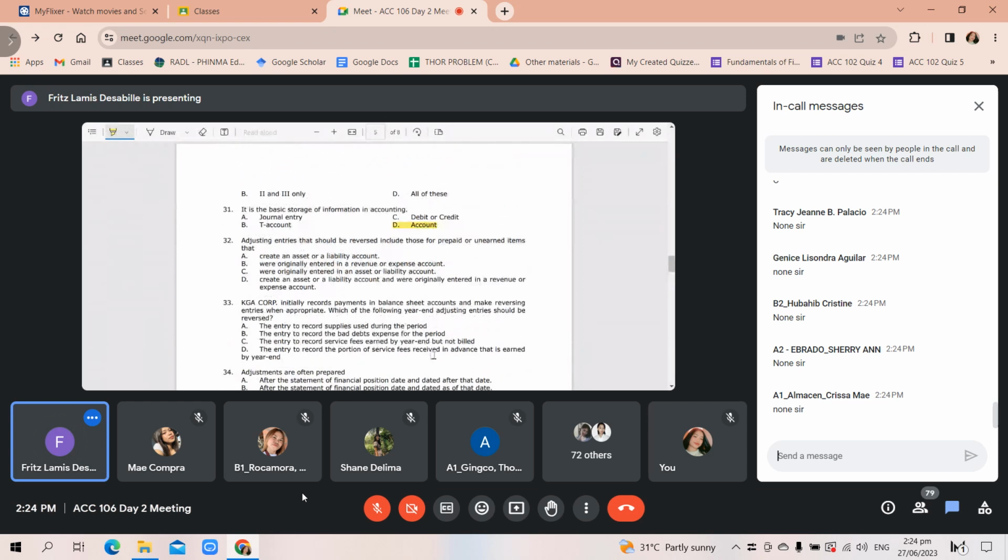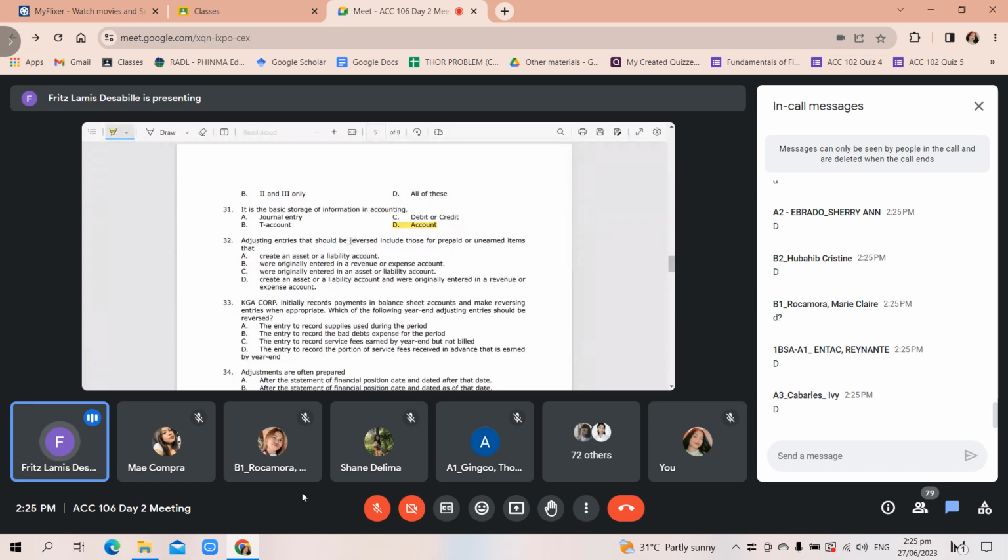32, adjusting entries that should be reversed include those for prepaid or unearned items that create an asset or a liability account. Ang gina-reverse, reverse na. Sige, ako sige na-analyze ha.